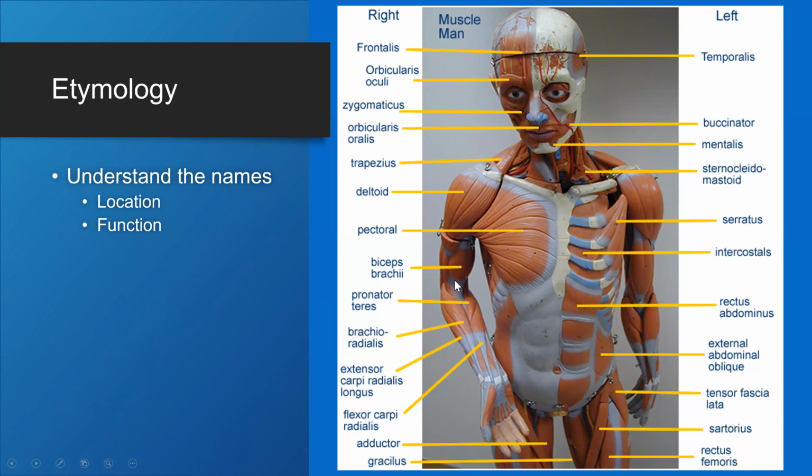Then let's just look at the right side of the mannequin to begin with. You have biceps brachii, in the anterior compartment of your brachial region. Then you have pronator teres, which pronates your hand, and pronation means your palm faces down.